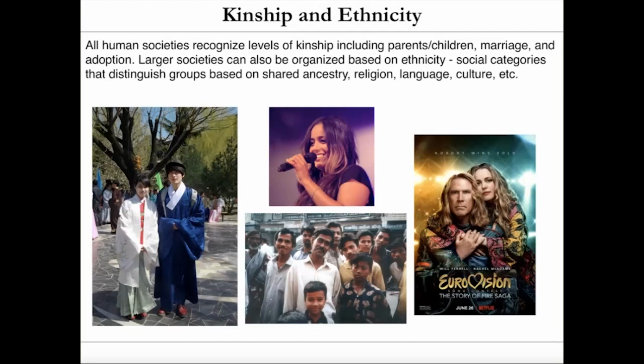Ethnicity is a social category that distinguishes people based on things like shared ancestry, religion, language, culture, etc. Some nations are more multicultural, like the United States or England, and some nations are pretty homogenous ethnically. Japan is something like 98% Japanese citizens.